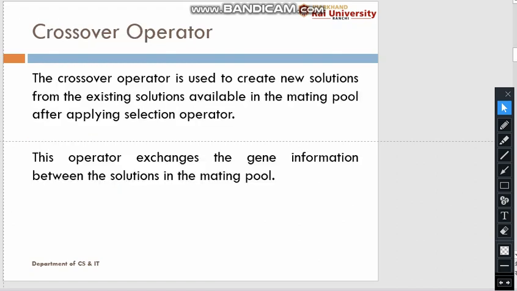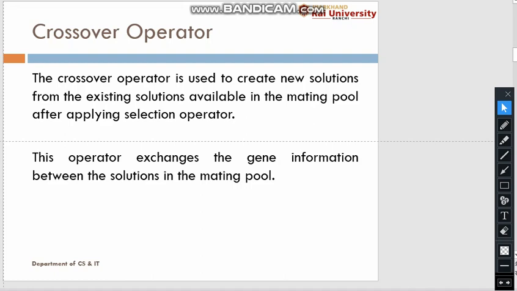Now, once we have encoded the individuals, then among all the individuals, we have selected the fittest individual using the selection operator method. And now once the individuals are selected, or after the reproduction phase is over, the population is enriched with the better individuals.